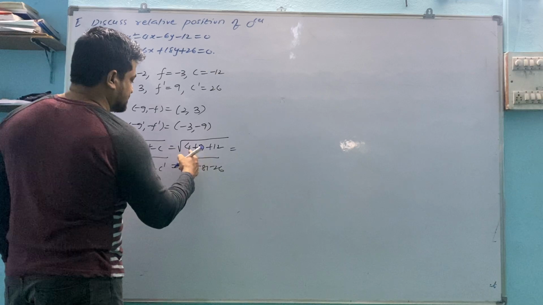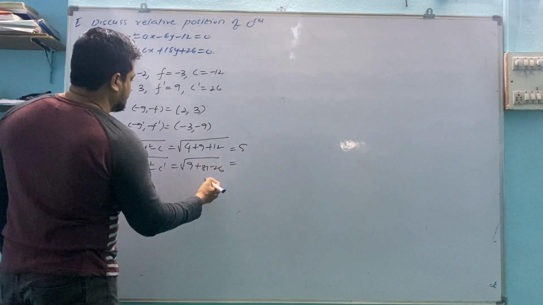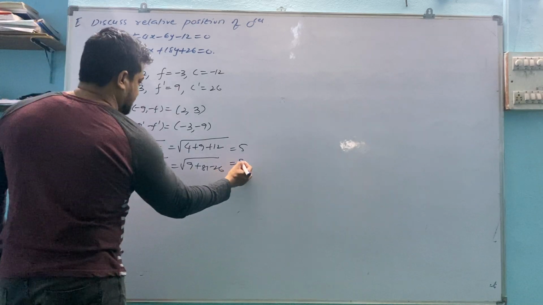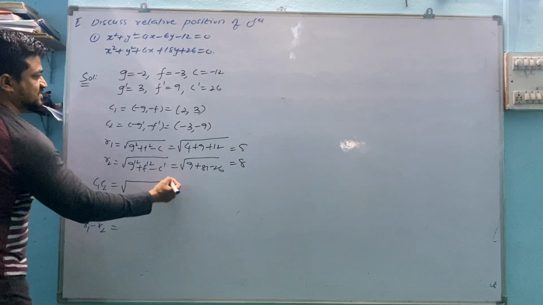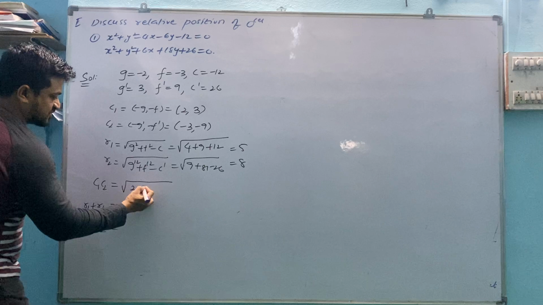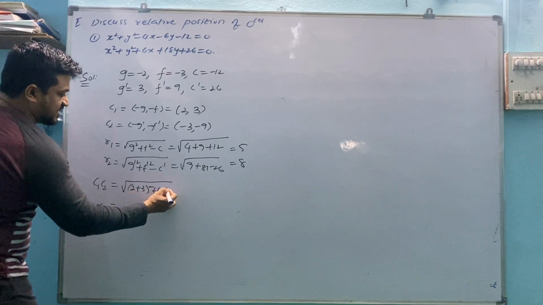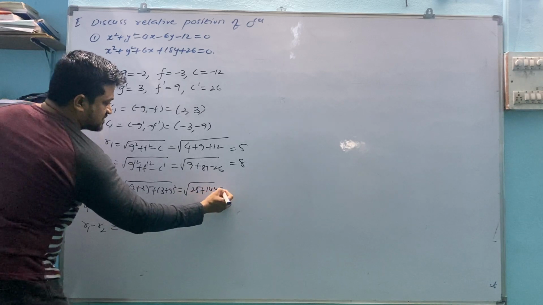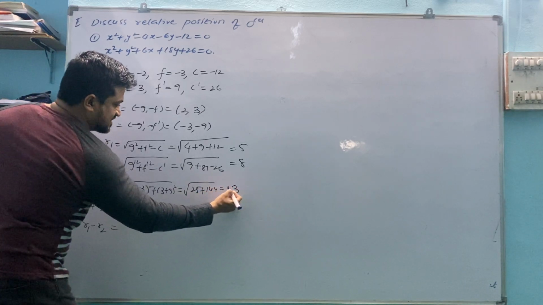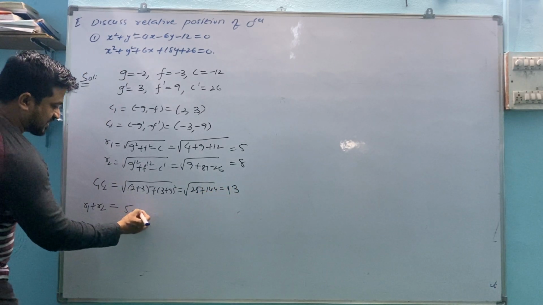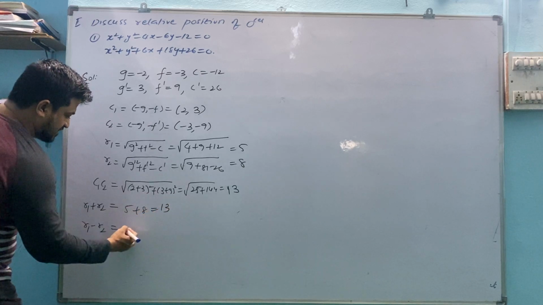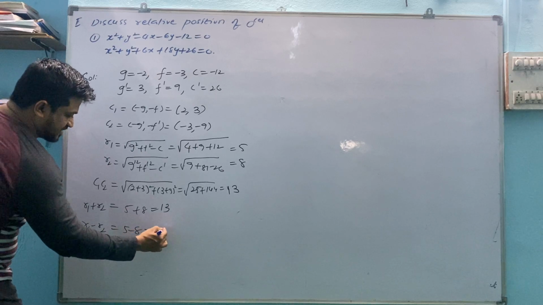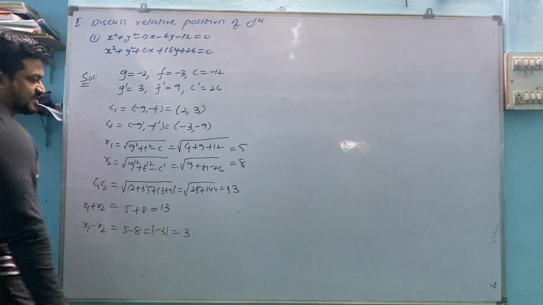So this is 25, which is 5, and 90 minus 26, 64, which is 8. C1C2 distance: x1 minus x2 whole square plus y1 minus y2 whole square, that is 25 plus 144 is 169, square root of 169 is 13. R1 plus R2 is 13. R1 minus R2 is minus 3. Take modulus and write 3.